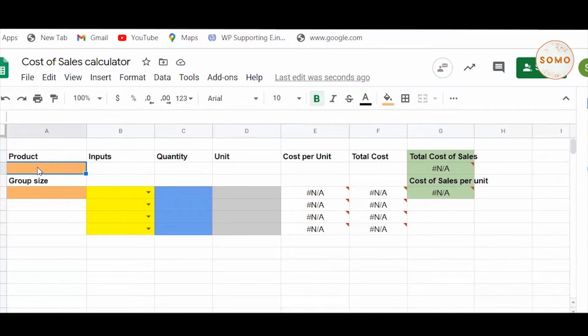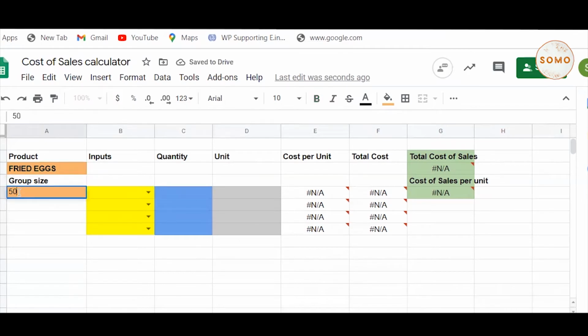After filling in the intermediate input cost, the next thing that we need to fill is the cost of product 1. The cost of product 1 in this case is fried eggs. So I'll put that as fried eggs. The group size is 50.